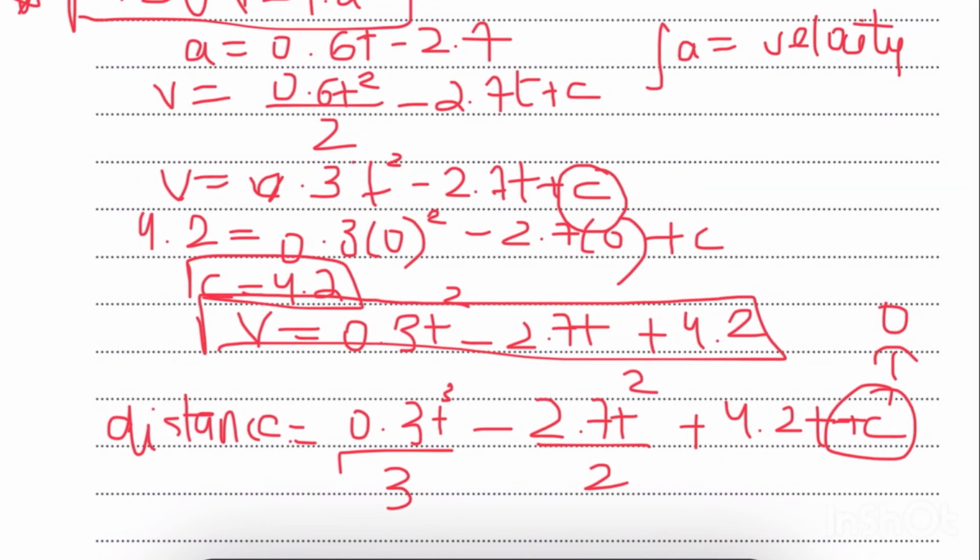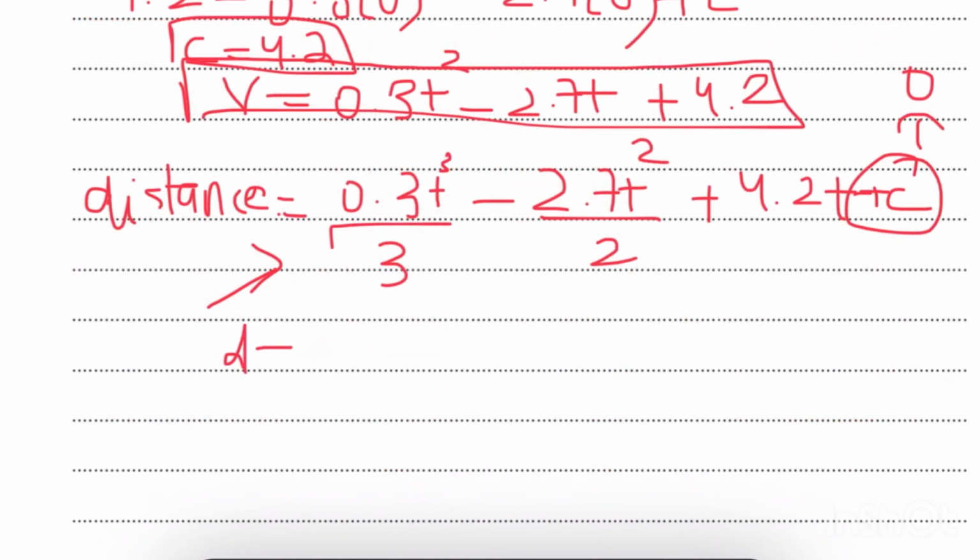We are measuring the distance from point O. So when the time is 0, the distance traveled must also be equal to 0, and if we substitute 0 for t, this gives us c equal to 0. So distance is 0.1t cubed minus 1.35t squared plus 4.2t.